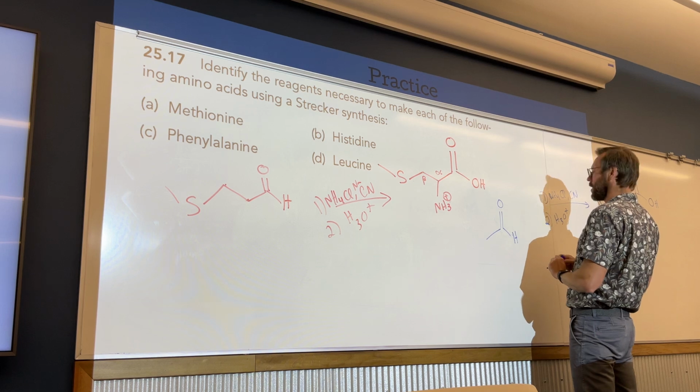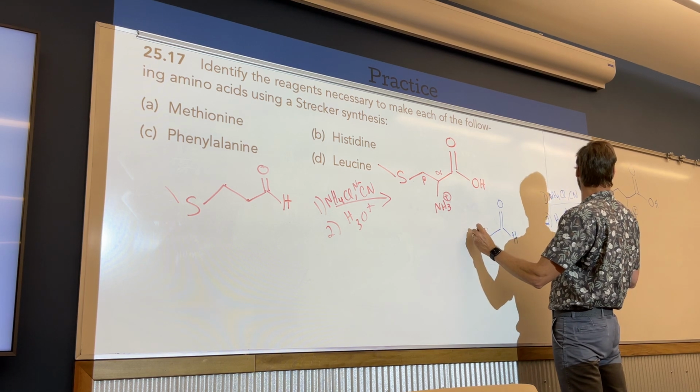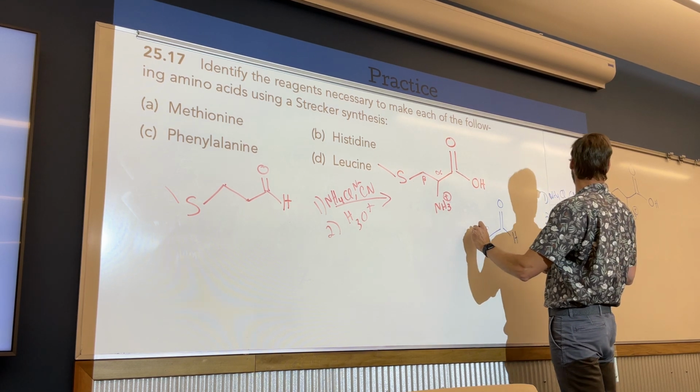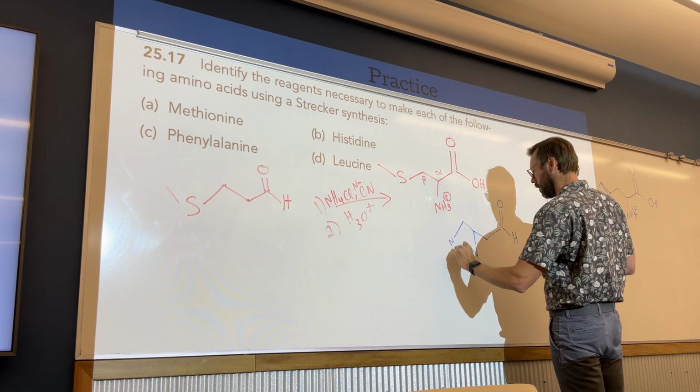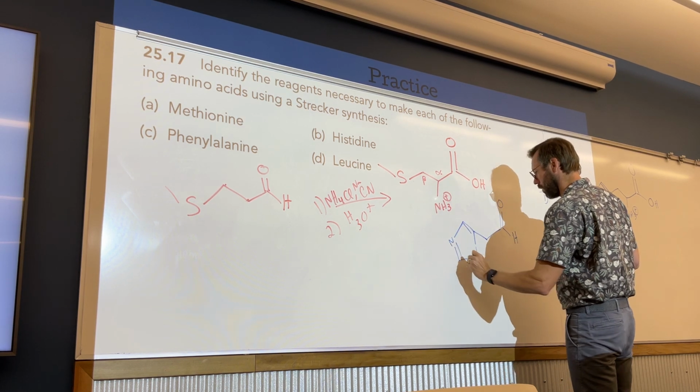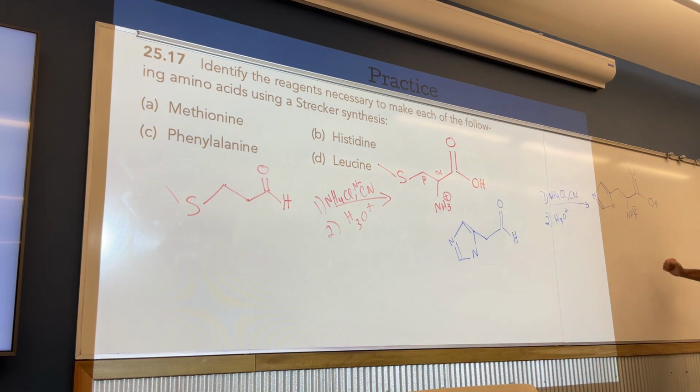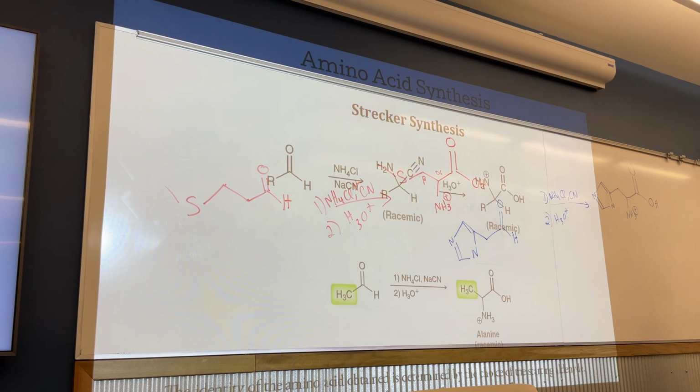All right, so we just need to come off here and then have our ring. Okay, cool. What else? Phenylalanine. So alanine with a phenyl group, right?